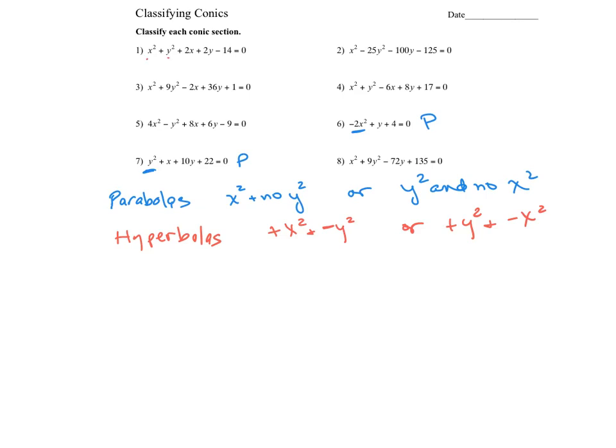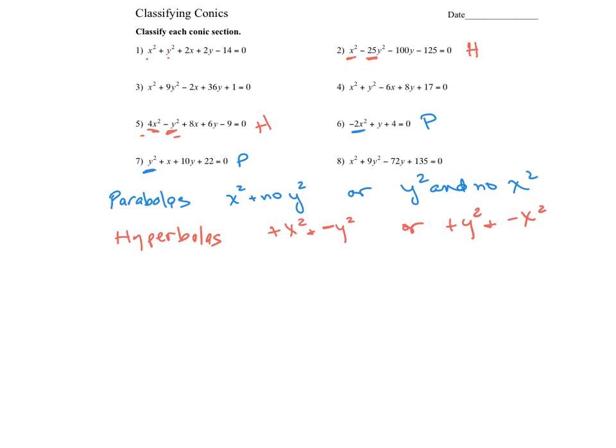Those are both positive. Here's one here with a positive x squared and a negative y squared. And there should be another one. Yep, number 2, a positive x squared and a negative y squared. So there's my hyperbolas.